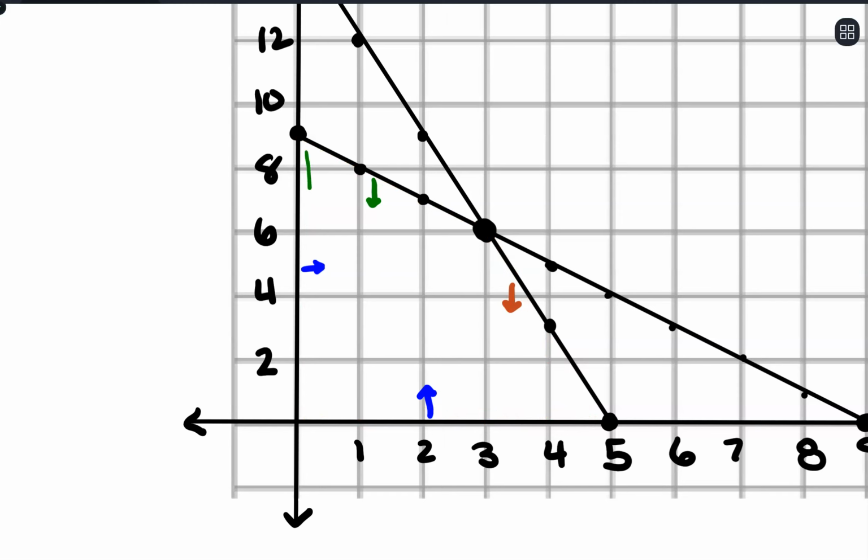So if I shade in here, just let me grab my correct highlighter. In here, this is our feasible region. So solving that system of linear inequalities, this right here is our feasible region. So in that region are all the possible solutions that fit the constraints.